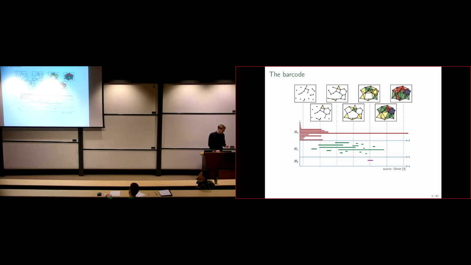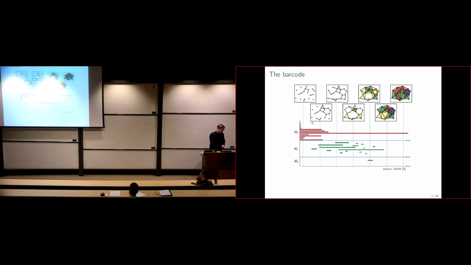So the zeroth homology is illustrated by these red bars here. We have a bunch of them that indicate that we have a bunch of disconnected components in our simplicial complex. And we have no bars of higher homological dimension because we don't have any cycles or any voids in this data yet.